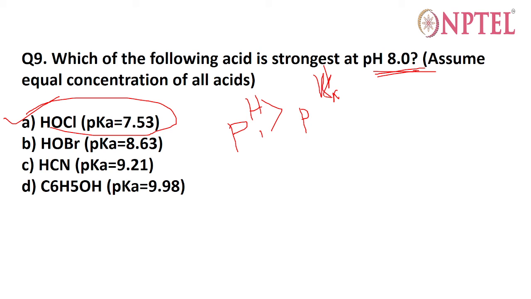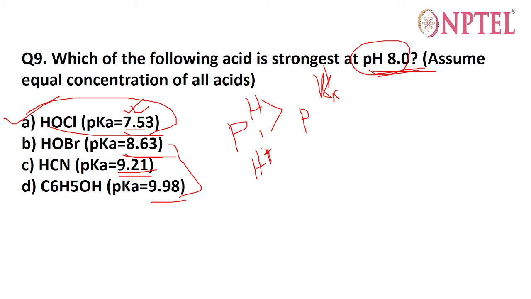Here, in this case only, my pH is greater than 7.53, so I will get more H plus ions. In the other case, the pH is not greater than the pKa, so it will not give H plus ions because it will not dissociate.